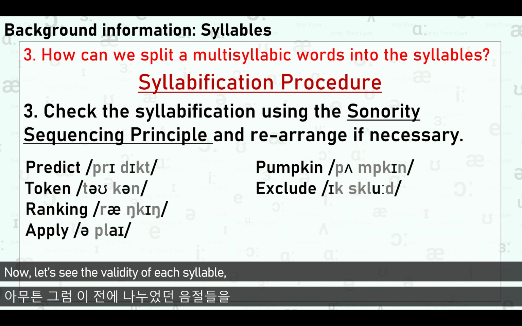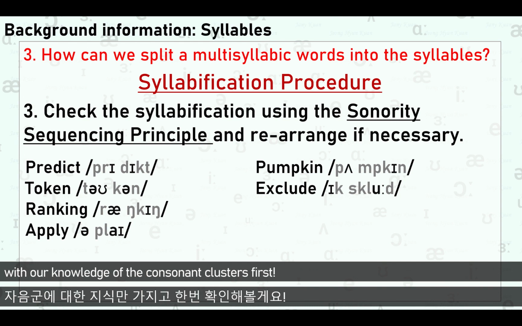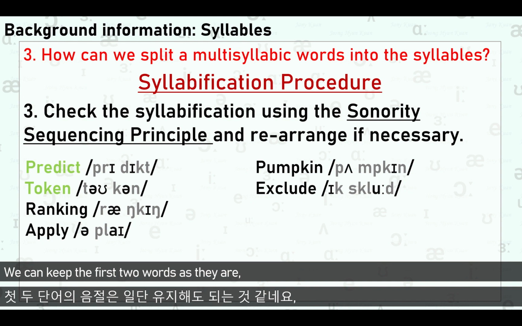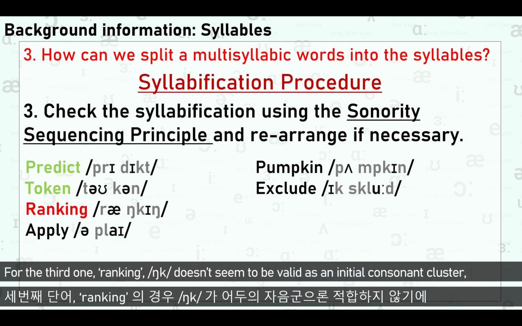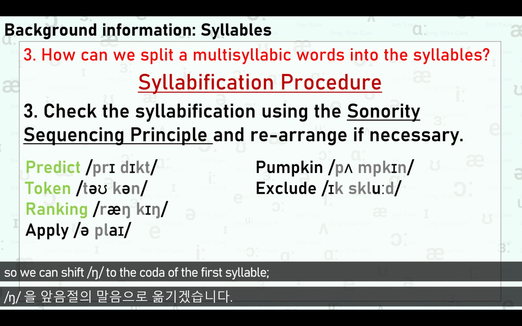Now, let's see the validity of each syllable with our knowledge of the consonant clusters first. We can keep the first two words as they are, since they do not have any consonant cluster. For the third one, ranking, NK doesn't seem to be valid as an initial consonant cluster, so we can shift N to the coda of the first syllable.